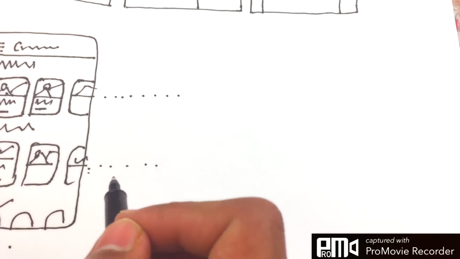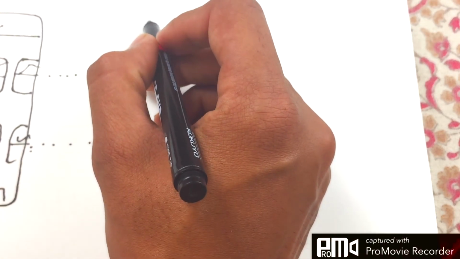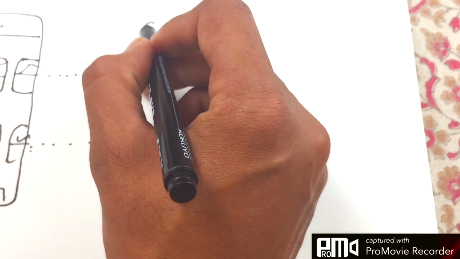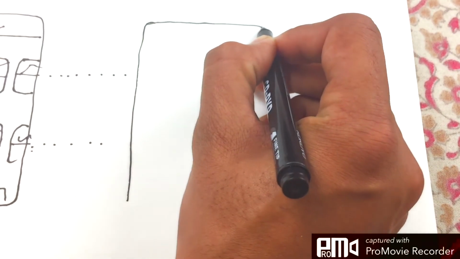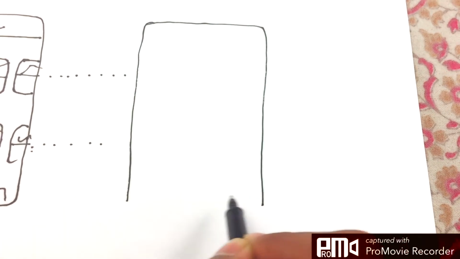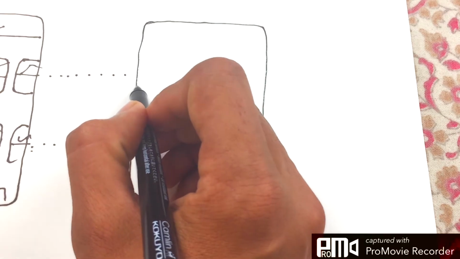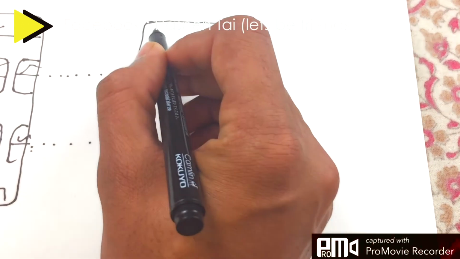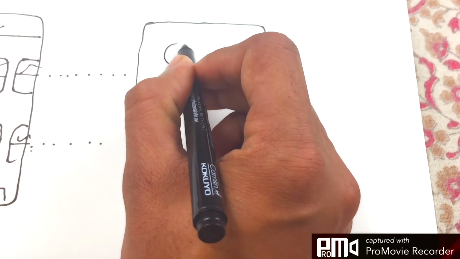And this particular page is going to look something like this. We will have the image right over here, and make sure we are not going to have the header over here. It's a full image, right?